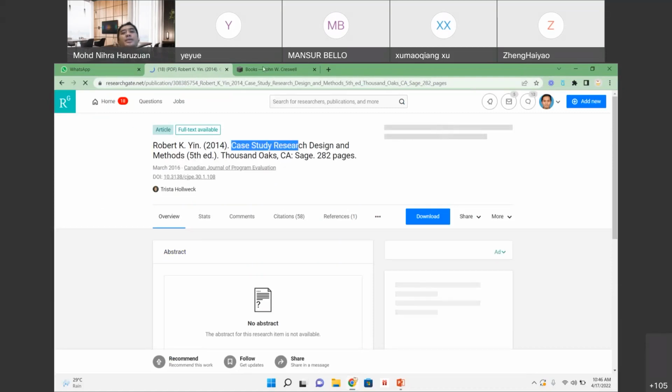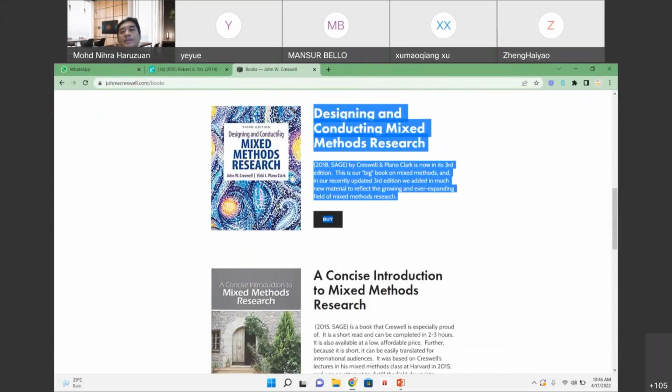Similar to mixed method. This is what I want to highlight, because mixed method is not easy. Simply saying that I do a 50% portion of quantitative and 50% portion of qualitative, and then my research is mixed method. Be very careful when you say that.